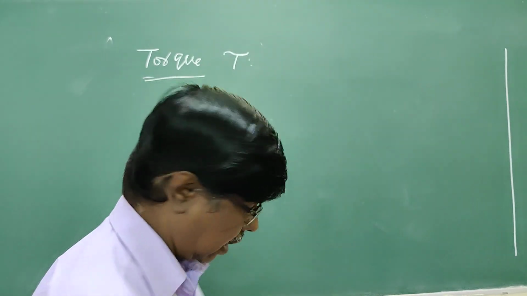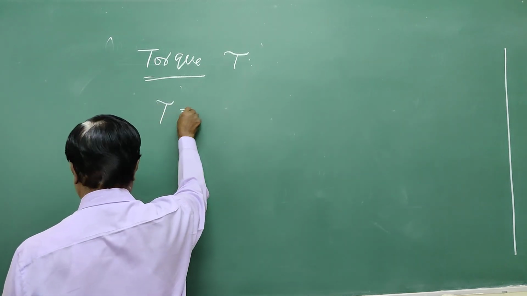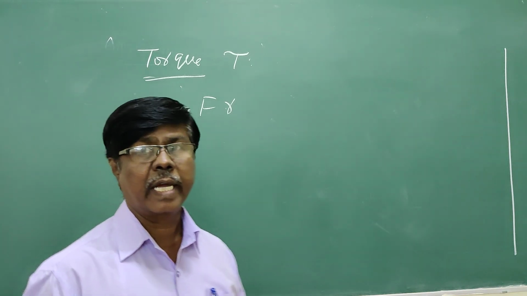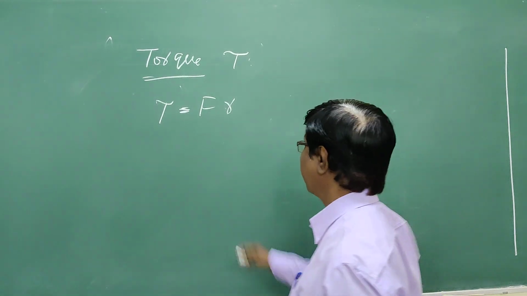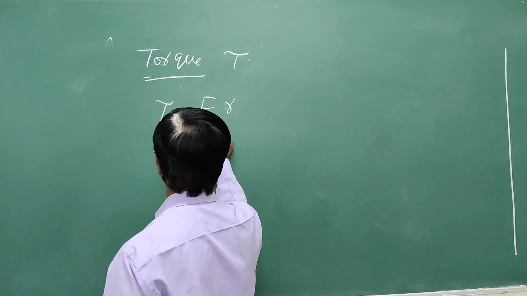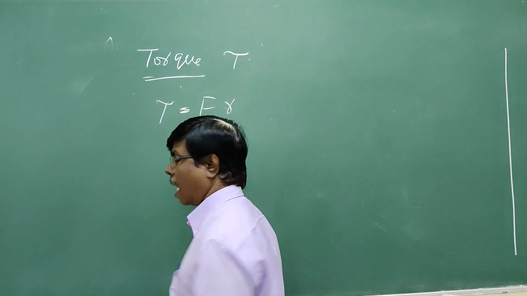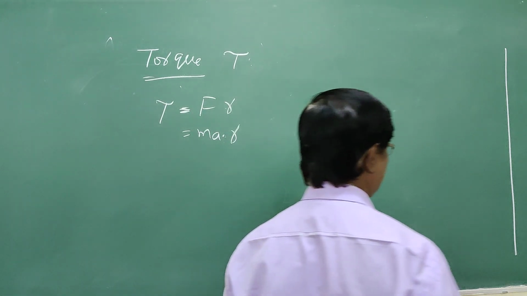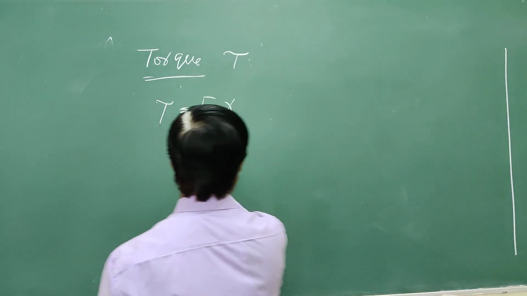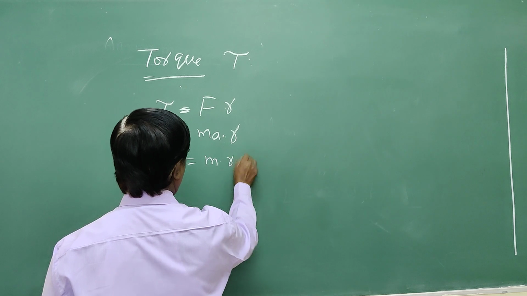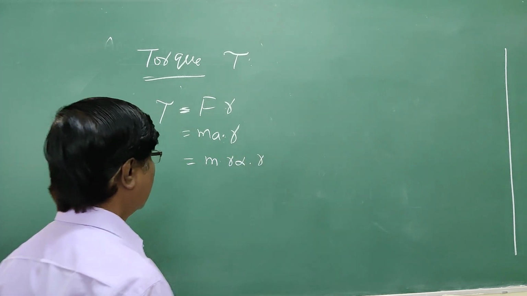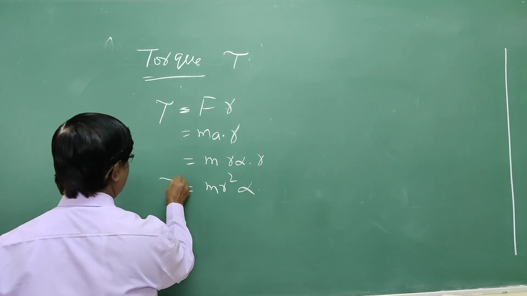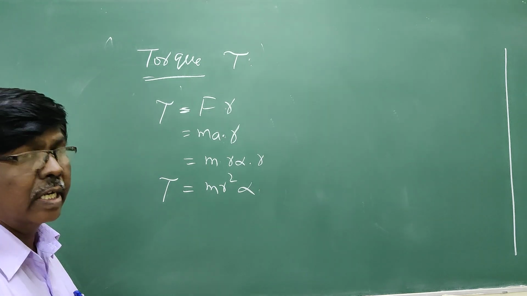Tau can be defined as force into the distance of the particle from the axis of rotation. What is force? Force is mass into acceleration. Acceleration is nothing but r alpha, so force is m r alpha, and multiplied by r, it gives m r square alpha, which is tau, the torque.